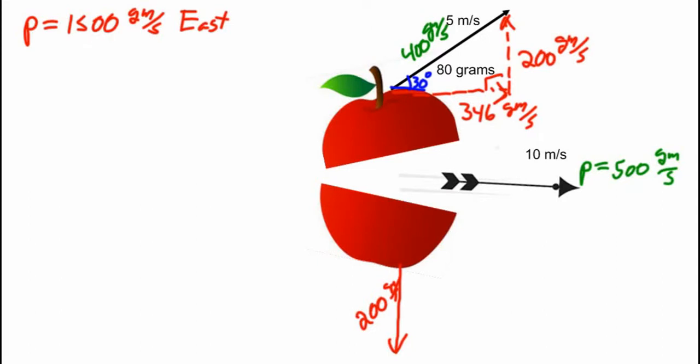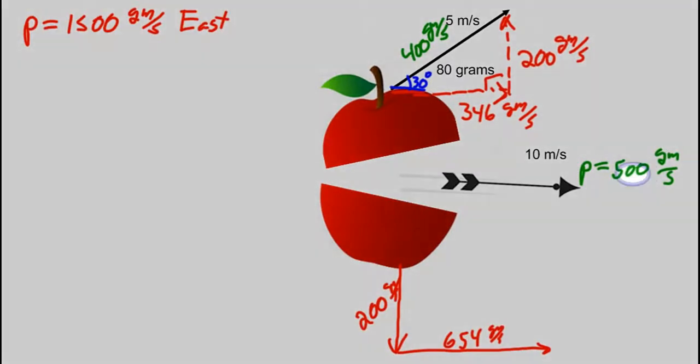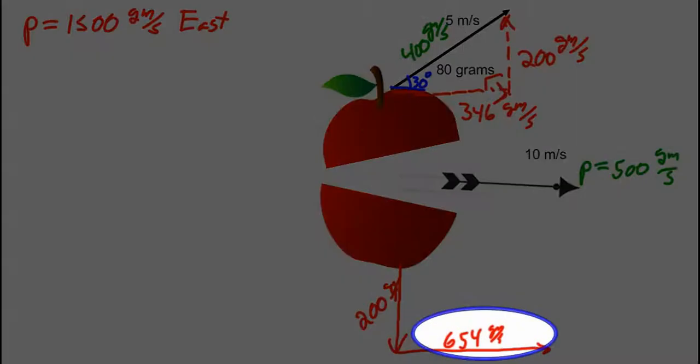654. So that means we're going to have this also going east a lot. I'll put 654 gram meters per second as our momentum going east. The reason for that is that if we add up all of our east momentums after the arrow passes through, we have 346 east, we have 500 east, we have 654 east.